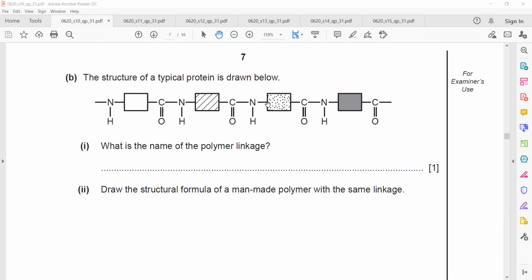That's terylene. The structure of a typical protein is given. What is the name for the polymer linkage? What do we call this bond or linkage? Peptide or amide.